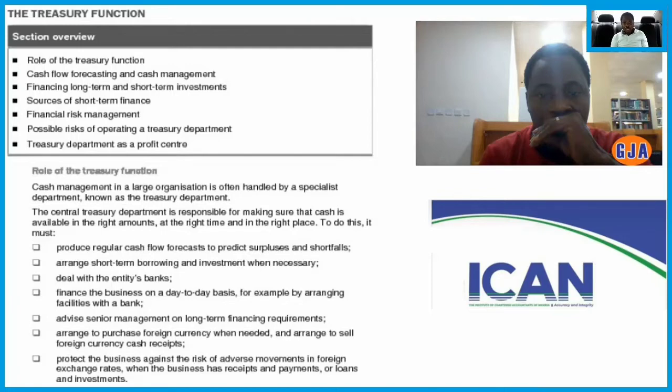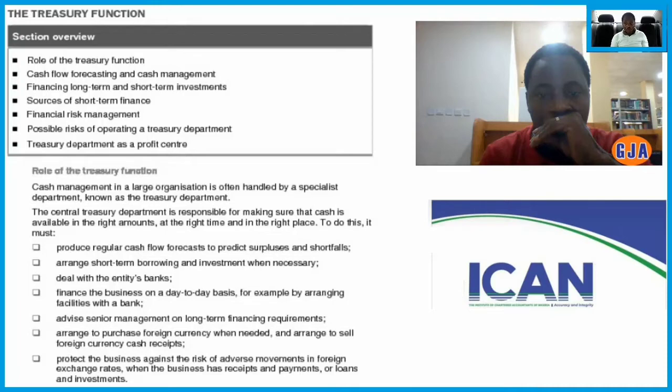We are going to look at long-term financing, short-term financing, financial risk management part of treasury function, possible risk of operating a treasury department.